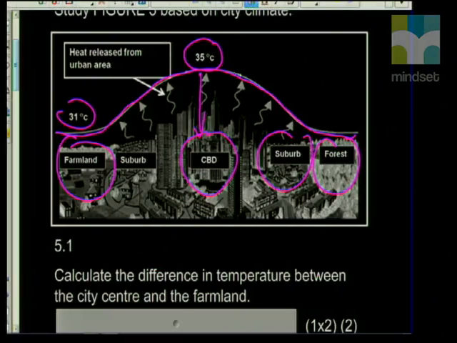This is directly above the CBD. All right, so we have this vertical extent, so it's hotter. Here at the farmland and at the forest, we can assume it's around 31 degrees Celsius. The temperatures are lower. It becomes such a simple question, learners, you know it already.